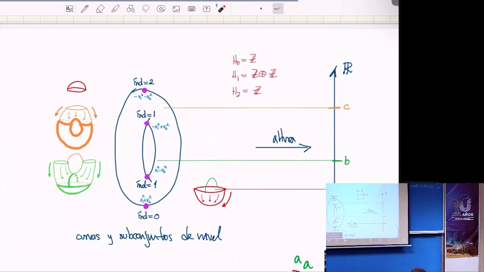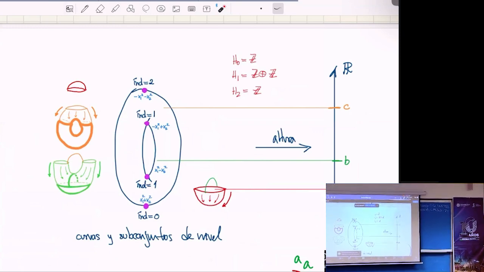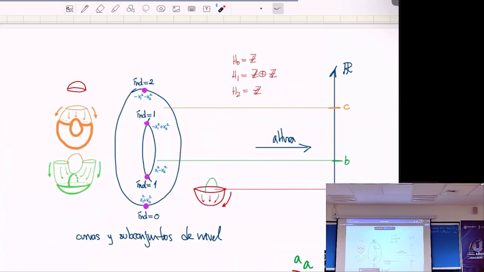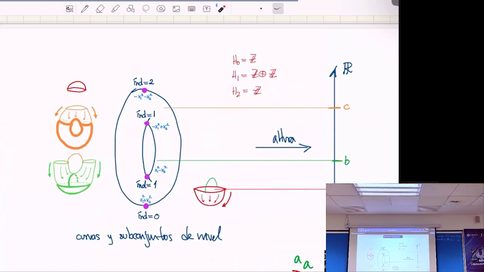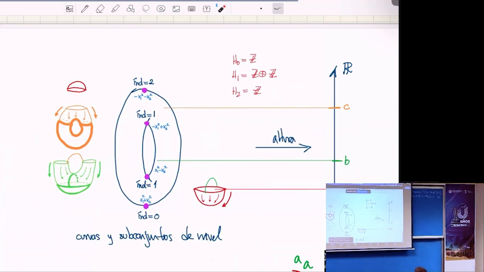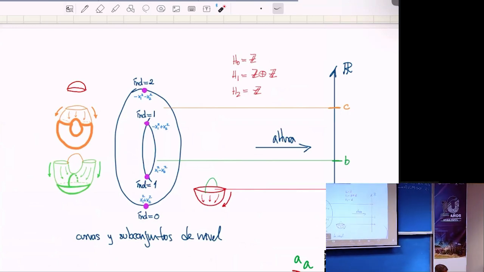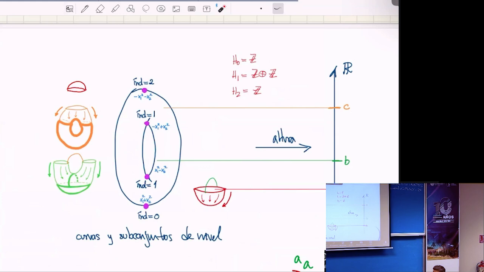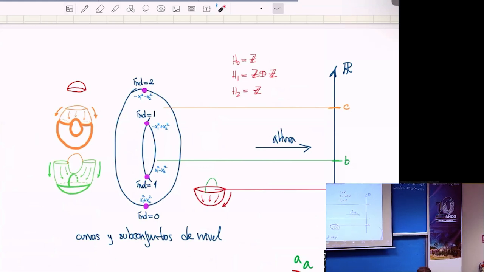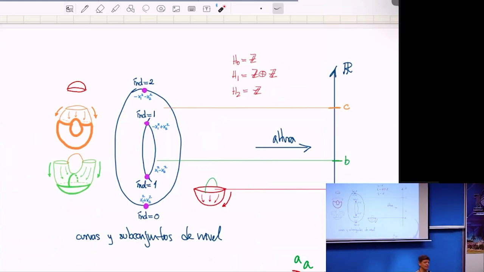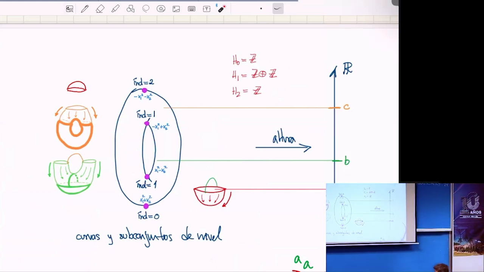So in this picture, for this height function, we have four critical points where the tangent plane is horizontal. And, well, of course, these are just four points, they don't have any kind of topology so far. They are just zero-dimensional. So one needs to understand a little bit more of the topological information that they have.